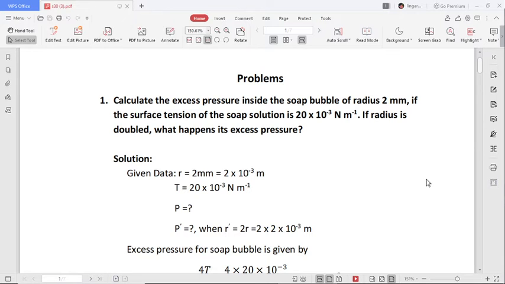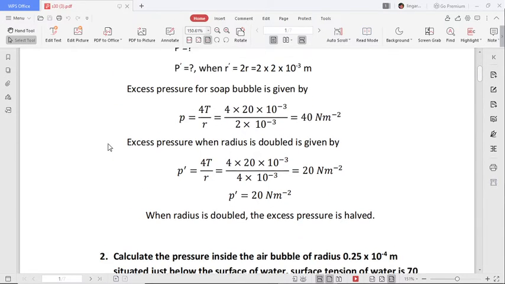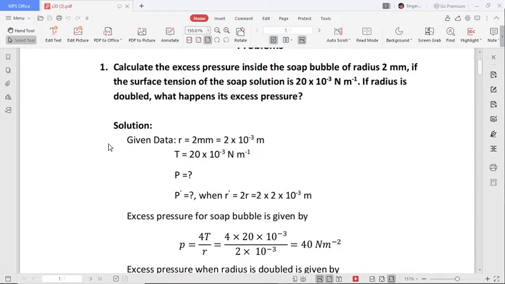If the radius is doubled, what happens to its excess pressure? Usually it should vary. Okay, now, given data.